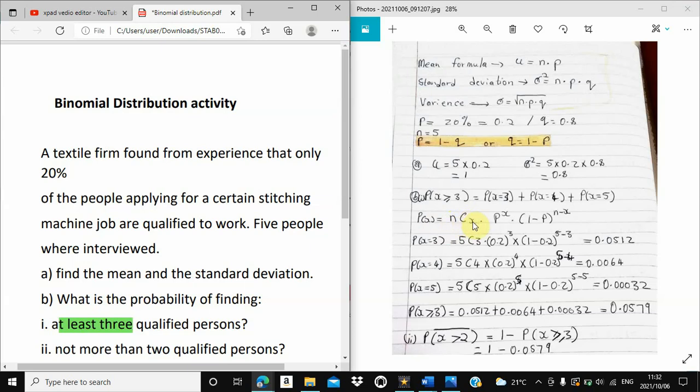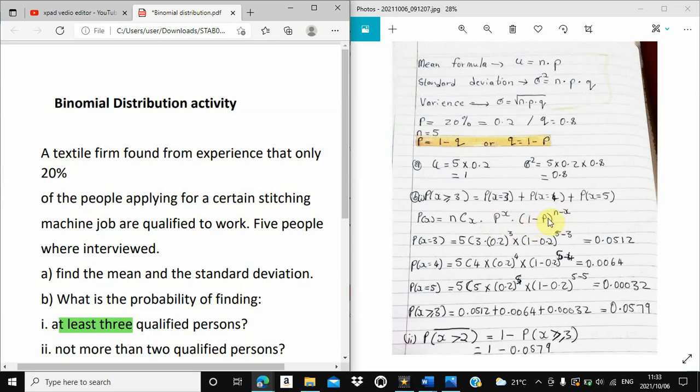From there, this is our x. P here is the probability of success. Now times 1 minus p. This is the probability of failure. You may write q or you may say 1 minus p. There's no problem, but it must be to the exponent of n minus x. What you have to know here is what I tell you, what I highlight here.